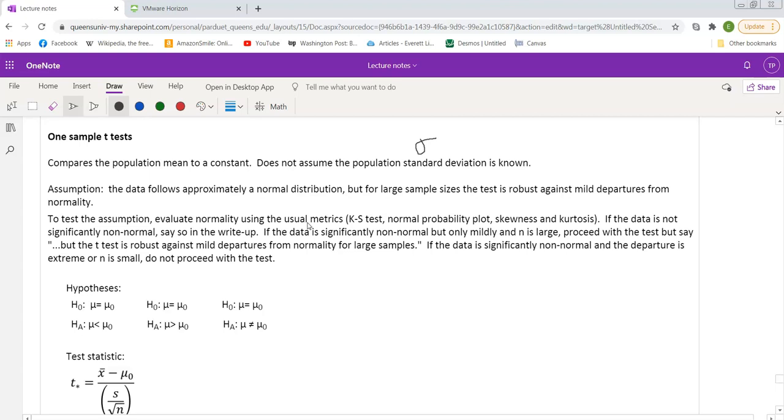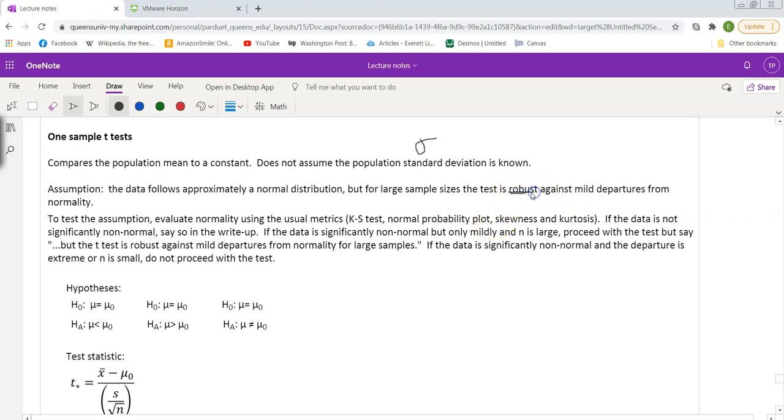The good news is, if your data isn't too far off normality, you can still run this t-test. We have this statement we use that says for large sample sizes, the t-test is robust against mild departures from normality.